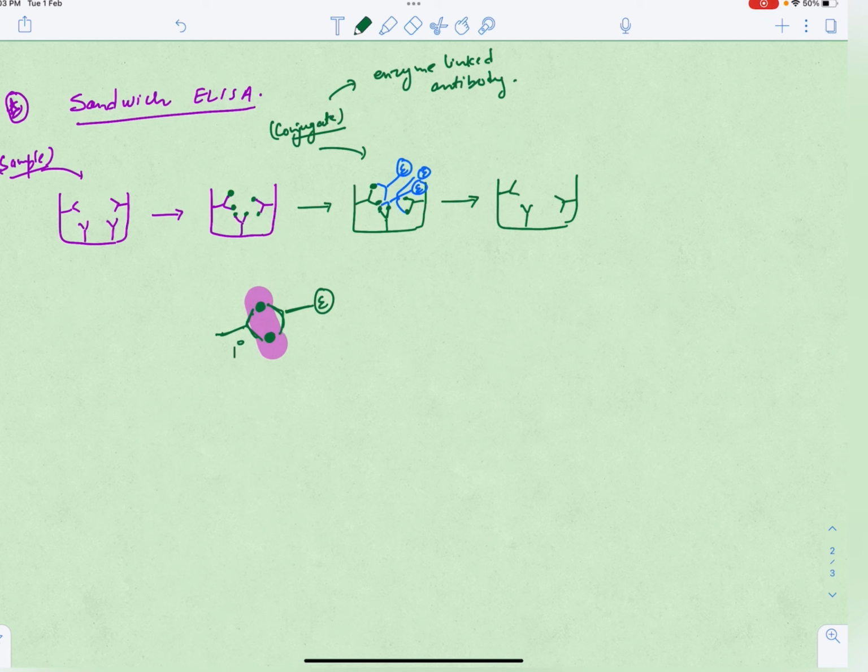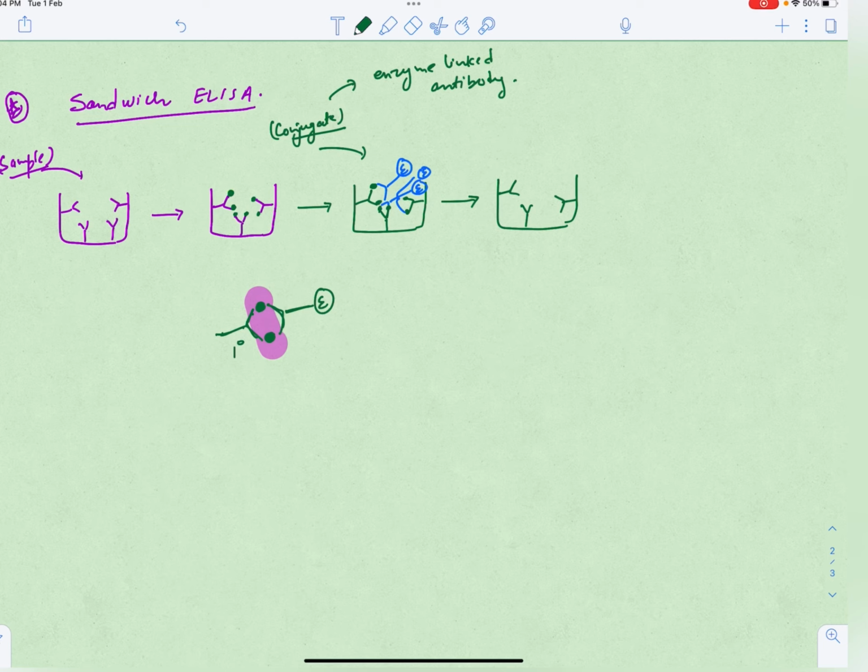In indirect ELISA you use a microtiter well coated with antigen. In sandwich ELISA you use a microtiter well coated with an antibody. Which method you should use depends upon the test which you want to do.